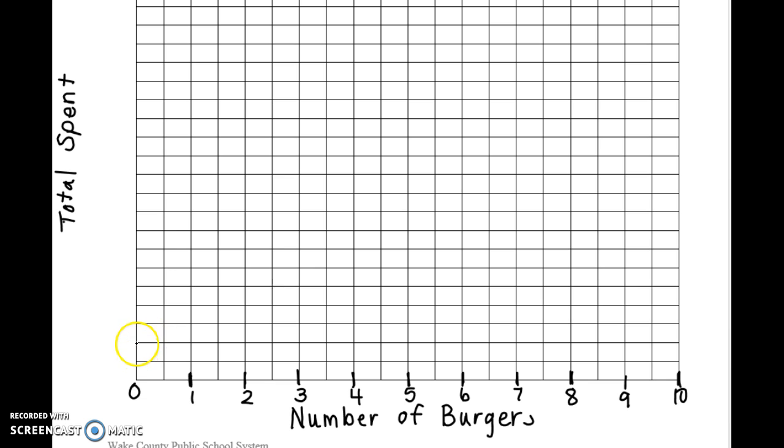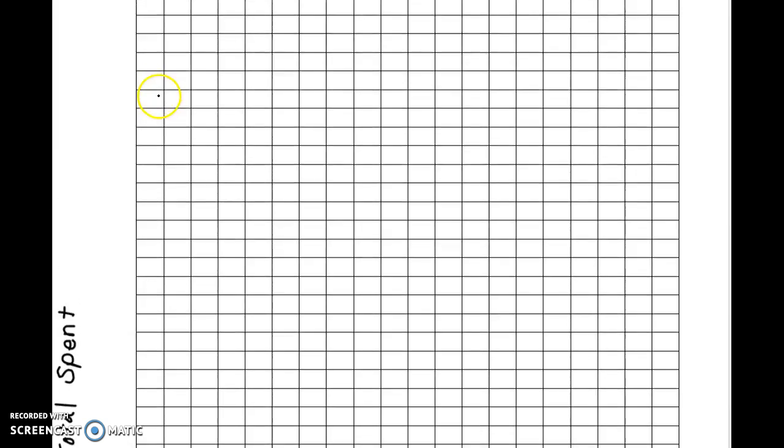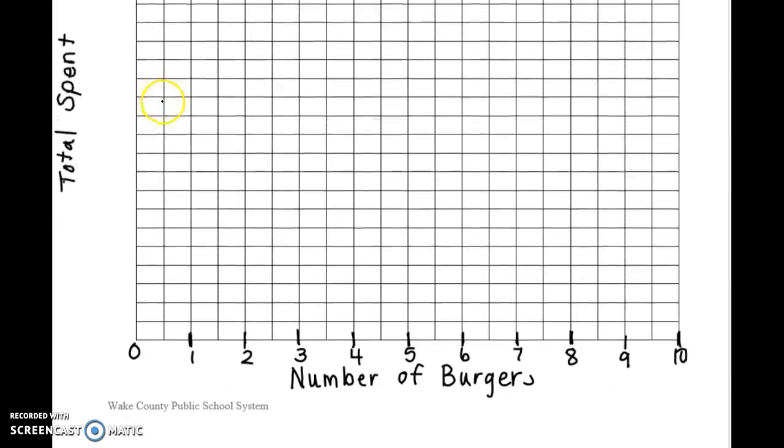So let's go up and say 1, 2, 3, 4, 5, 6, 7, 8, 9. Oh, we have enough that we could do it like this. So watch what I'm going to do. I'm going to make this line right here $1.